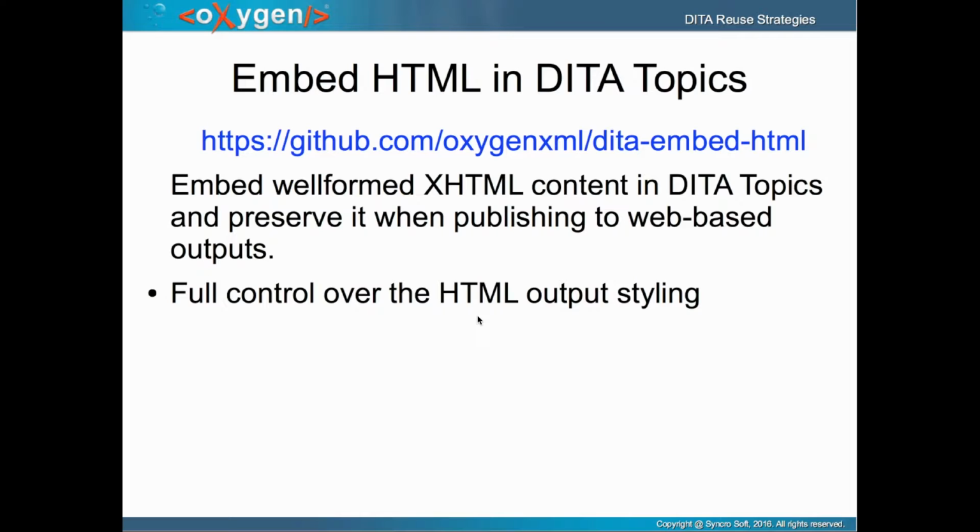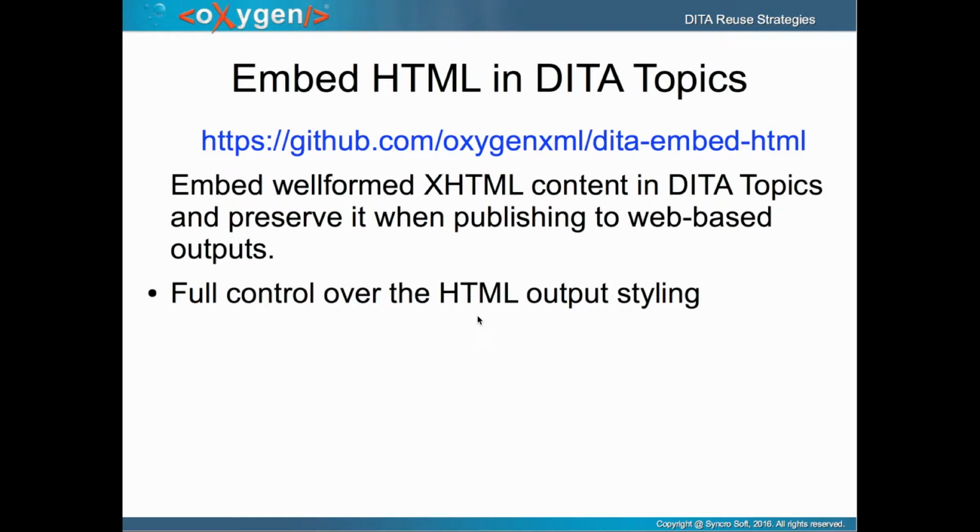At some point, one of our users had the idea of embedding HTML content in DITA topics. So they had a DITA topic and they said, okay, after this paragraph, I want to add this JavaScript part, you know, this HTML div, and somehow I want to get that in the output.